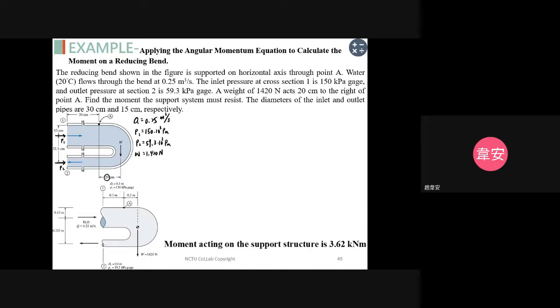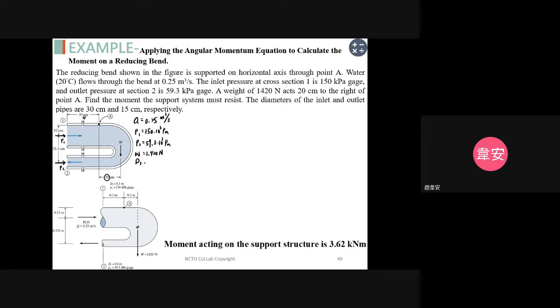But we have the support system to overcome the rotational motion and keep the pipe bend from moving. We know the diameters of the inlet and the outlet are 30 centimeters and 15 centimeters.